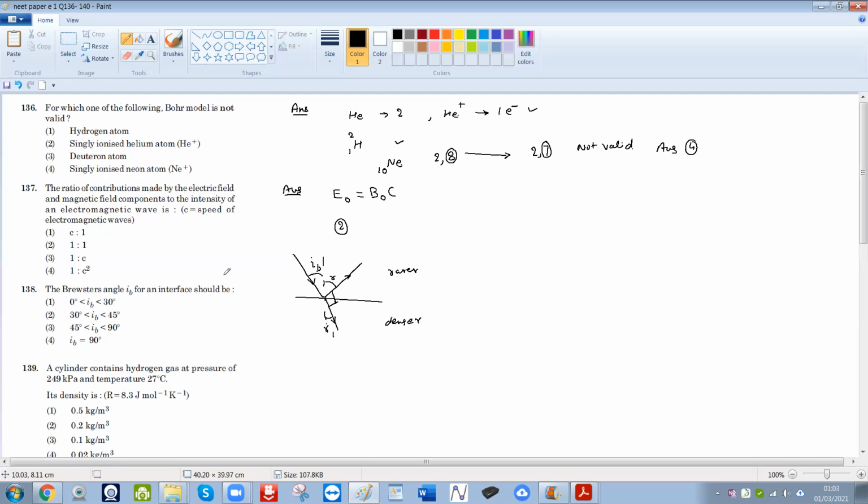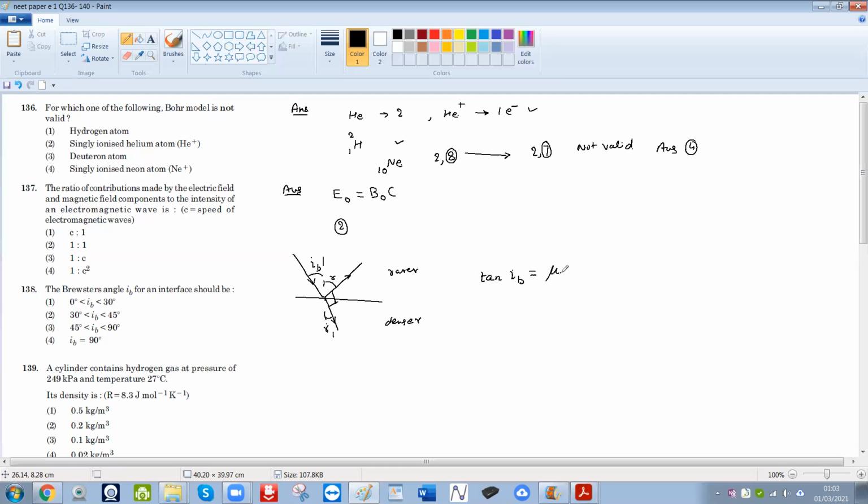And we arrive at the relationship that tan of Brewster's angle of incidence is equal to refractive index of the denser medium with respect to rarer medium.